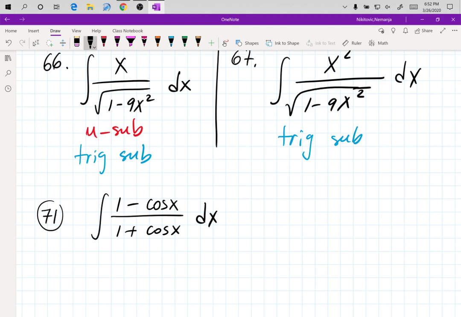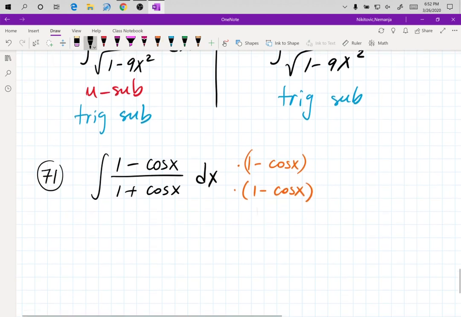Multiply by 1 minus cosine. Let's see. So if I multiply times 1 minus cosine x over 1 minus cosine, will this work? I'm thinking out loud.